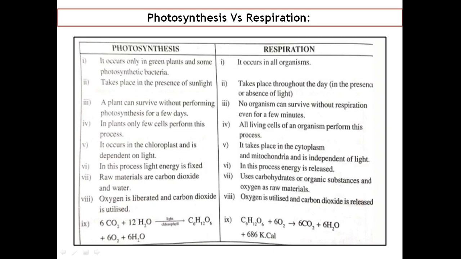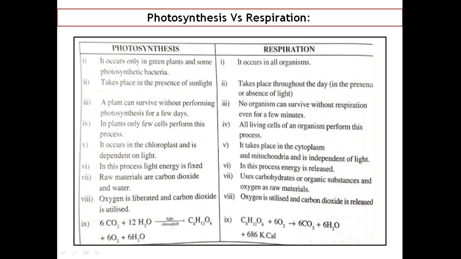A plant can survive without photosynthesis for a few days, whereas no organism can survive without respiration even for a few minutes. In plants, only a few cells perform this process, that is only chloroplasts.